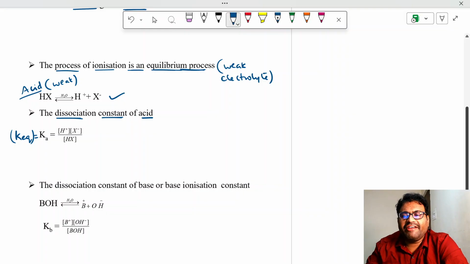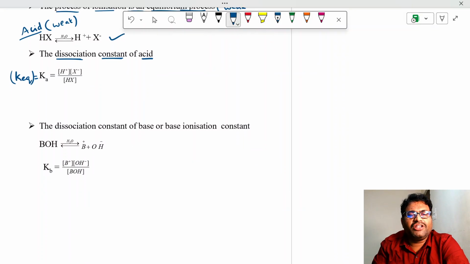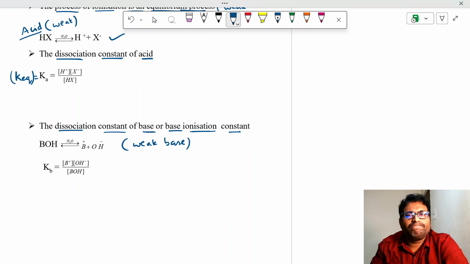In the same way, consider the dissociation constant of a base, or base ionization constant. This is a weak base. In the case of a weak base, there is equilibrium existing between the dissociated ions of the base and the undissociated base. So we write an equilibrium constant, and that is called the dissociation constant of a base.